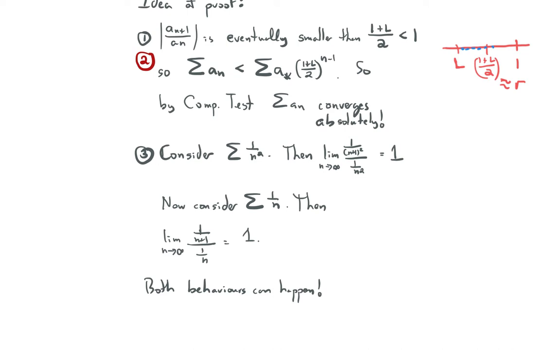So I can compare a_n with this geometric series with ratio (1 + L)/2, which is less than 1. So I know by the comparison test, the sum of a_n must converge, and it converges absolutely too. So that's very important.